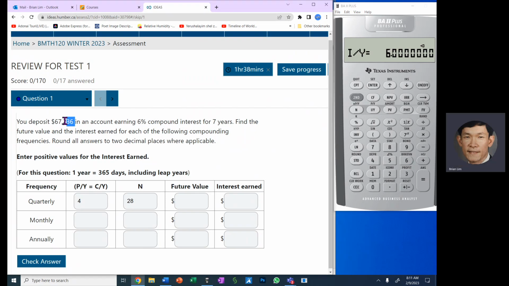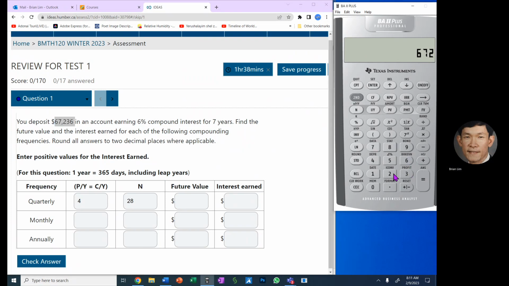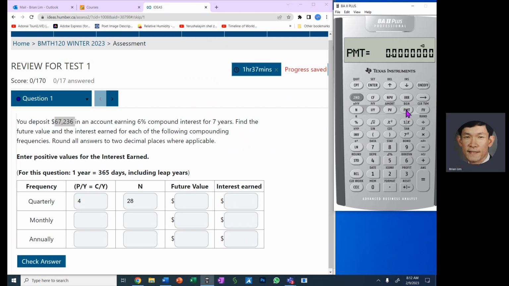Present value will be this number, the deposit, 67236. That's present value. Payment we know is 0 because it's compound interest, and then we'd like to get the future value, which means we have to compute the future value. And that is what the future value is.